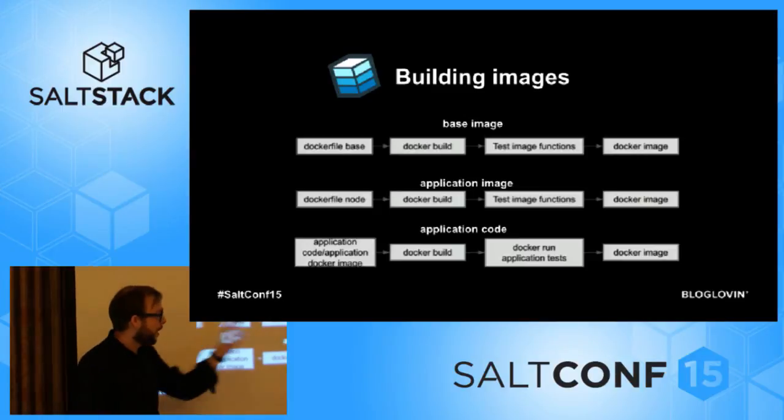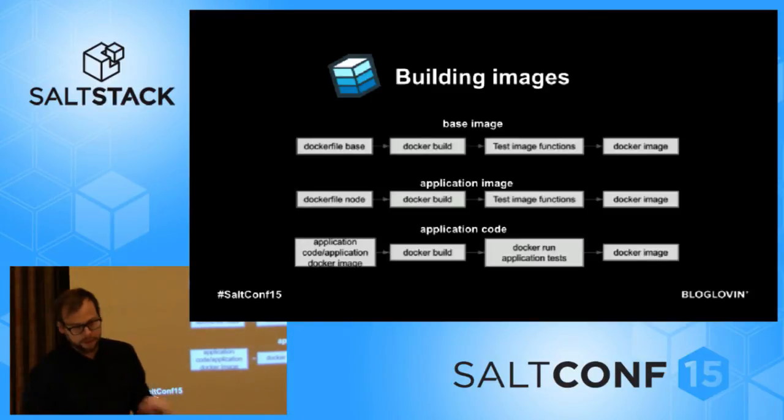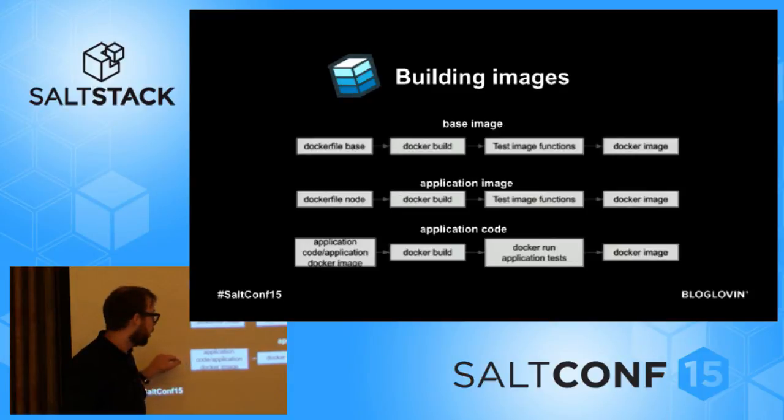From that image, we add our application code and run tests. So every time somebody commits, we do an application code build, and that will be pretty fast since we already built all the other stuff. We're not going to rebuild that all over again.